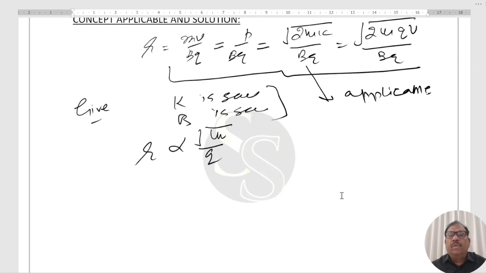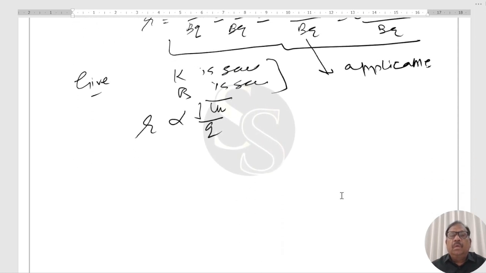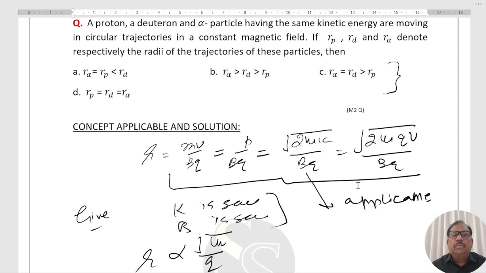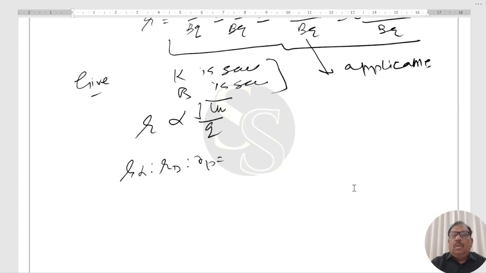Therefore, R alpha is to R deuteron is to R proton equals root 4 divided by 2 is to root 2 upon 1 is to root 1 upon 1.